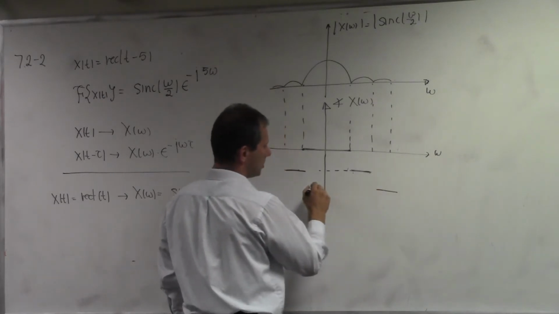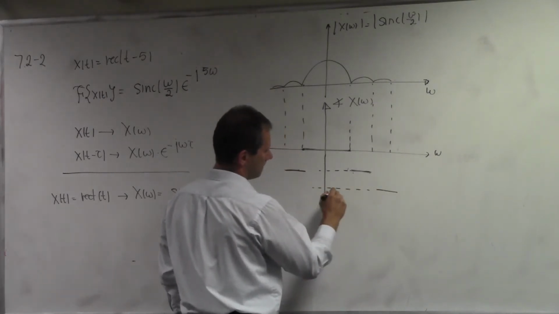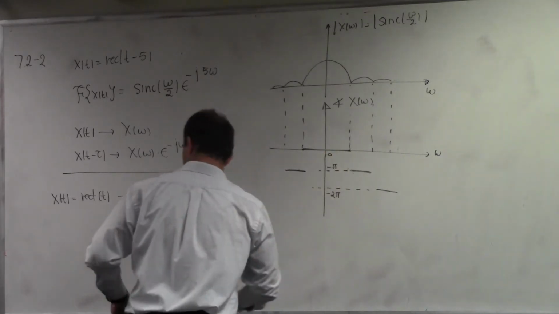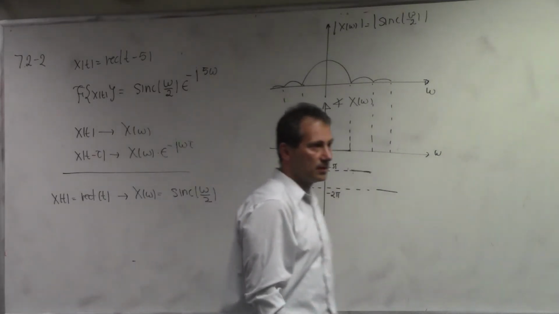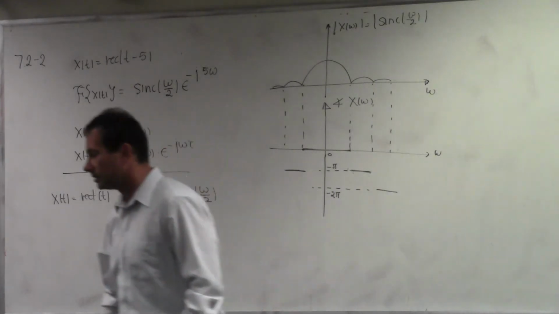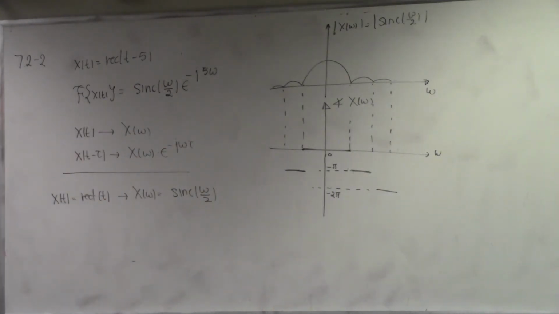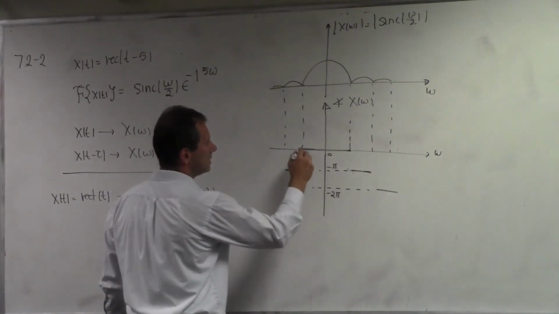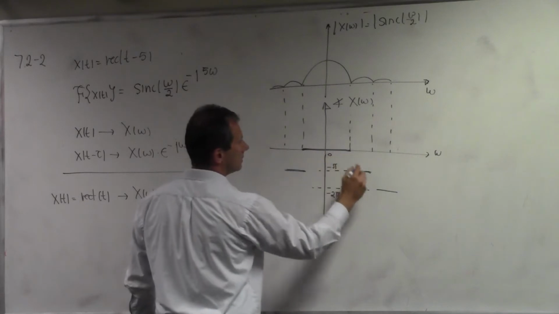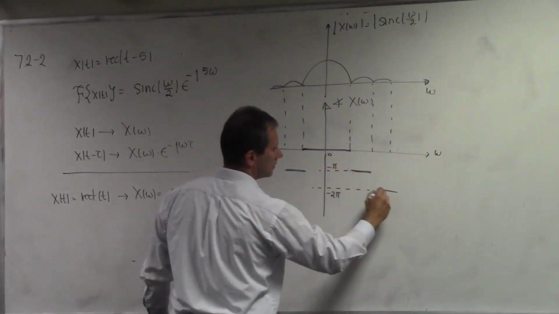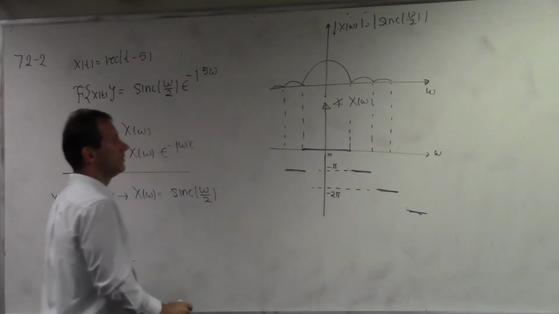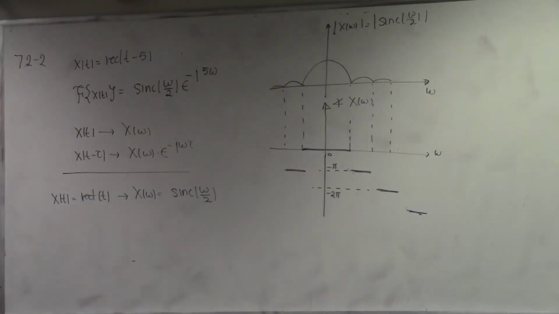So it's minus 2 pi here, and so on. Let me use maybe a different color. So that's the signal that is not delayed. So that's the phase of that one.